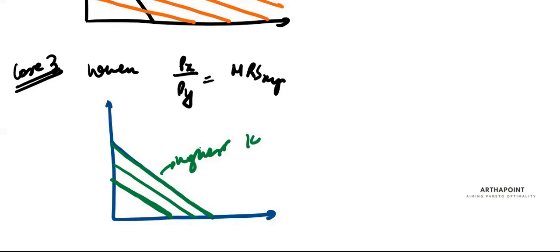And when I am on the budget line, my X can be anything between 0 to its maximum value. I can consume a point here where I'm only consuming X. I can consume a point here, a point here, a point here, or a point here where I'm not consuming X at all, where X is 0.